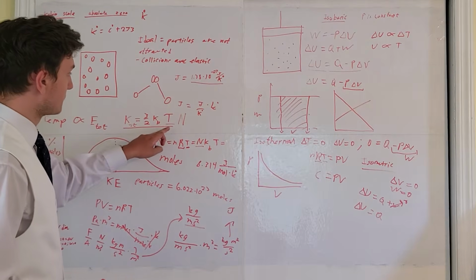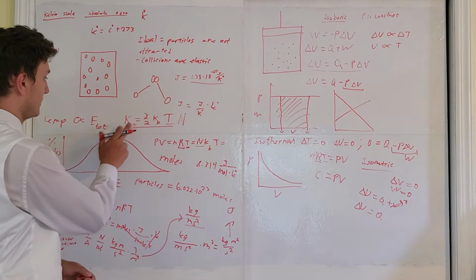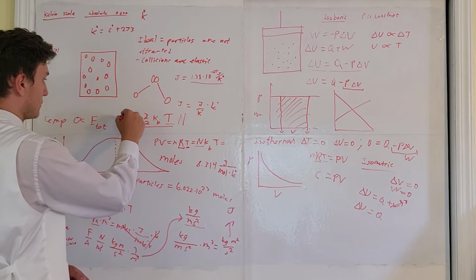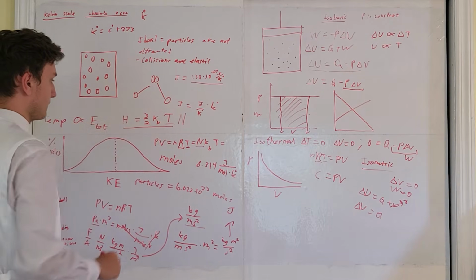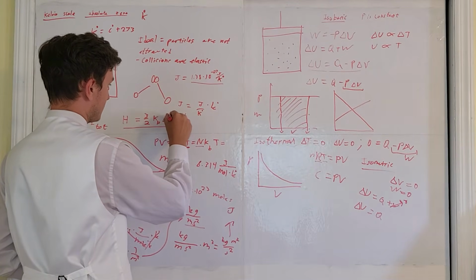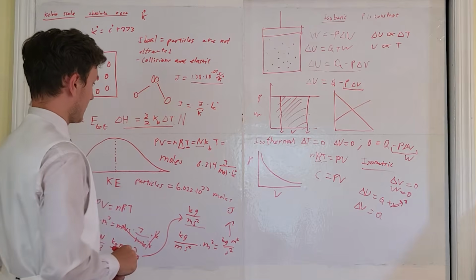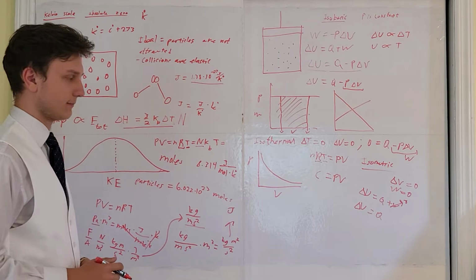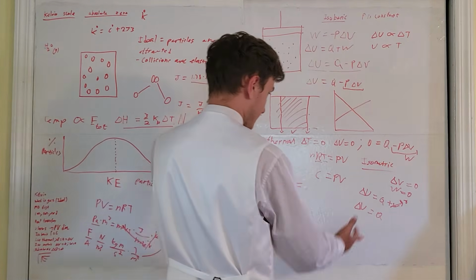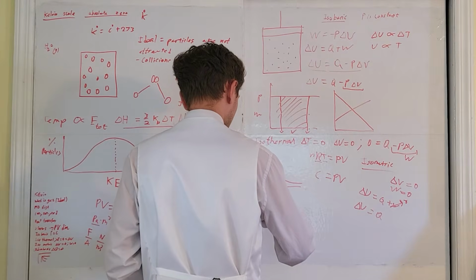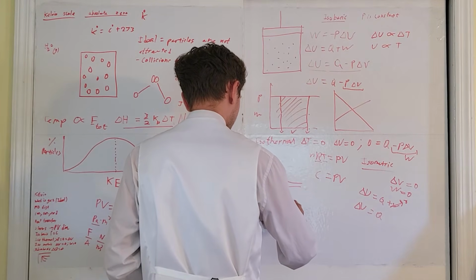That is how you go from temperature to heat energy, because the total kinetic energy of all particles in the system is equal to the heat energy of the system, H. Or rather, you could say the change in heat of the system is equal to this times the change in temperature. So those are your conditions for isometric, and then last but not least, you have adiabatic.